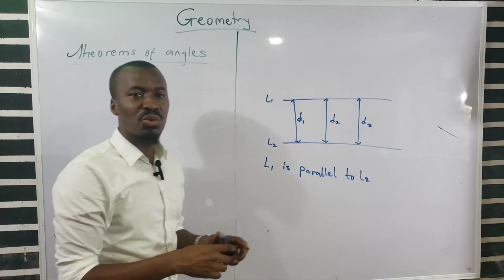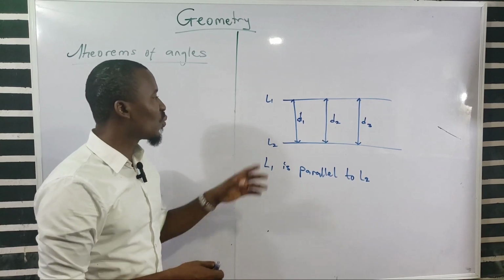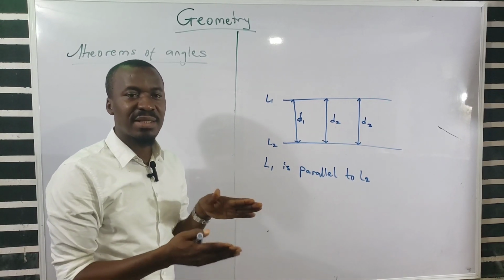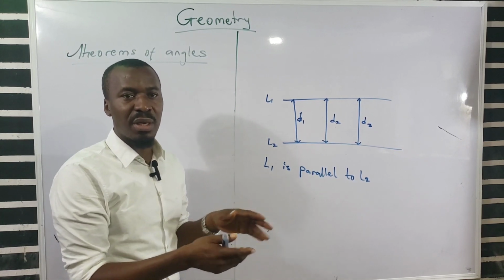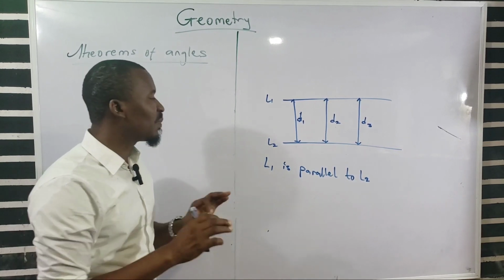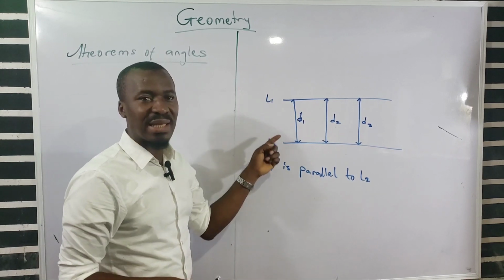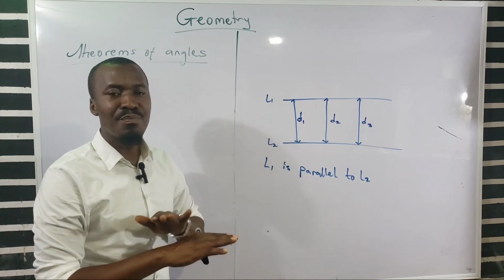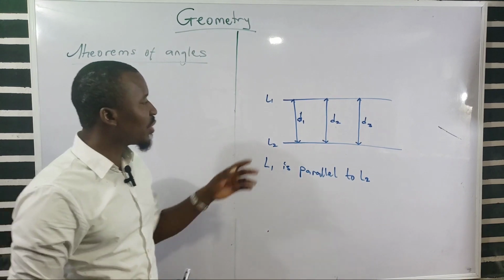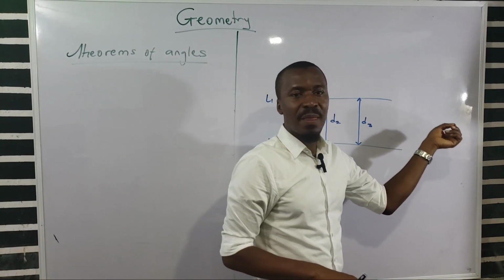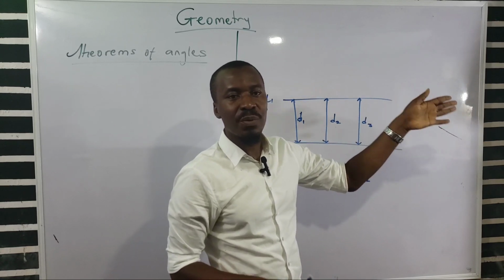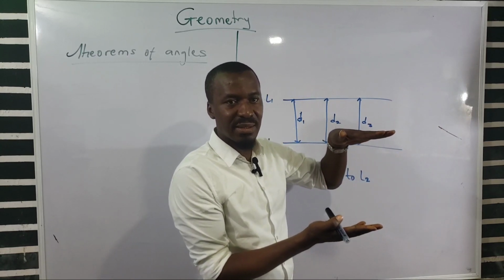So when we say that two lines are parallel, it is when the distance between the two lines is equal at any point. Okay, so what does that mean? It means that line 1 and line 2 can never meet at any point. So when you keep drawing this, so long as the distance is equal, they are going to keep maintaining that level of distance without meeting.